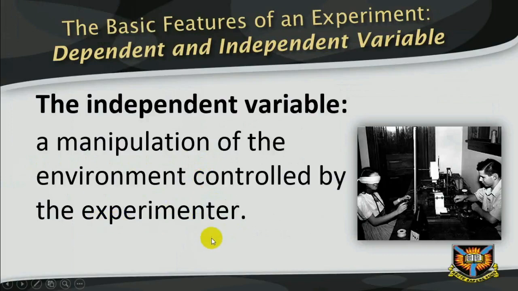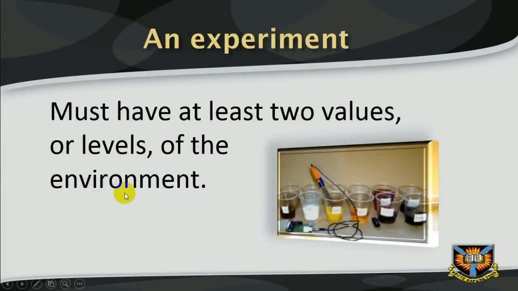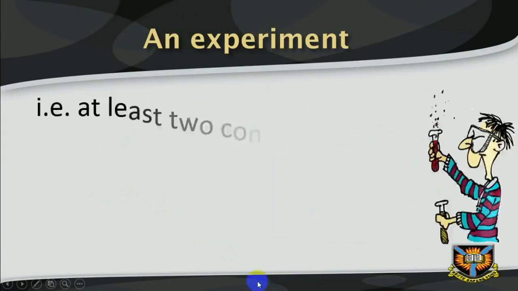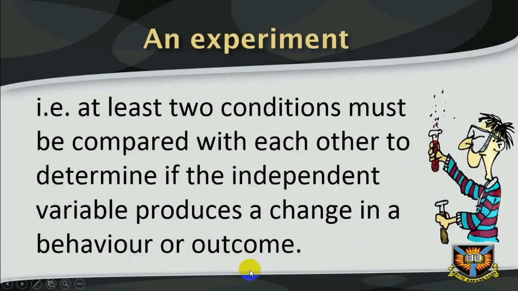In this case, it is the strewing of articles on the table. But an experiment must have at least two values or levels of the environment. These levels may differ in a quantitative sense, for example, items strewn across only a portion of the table versus items strewn across the entire table.